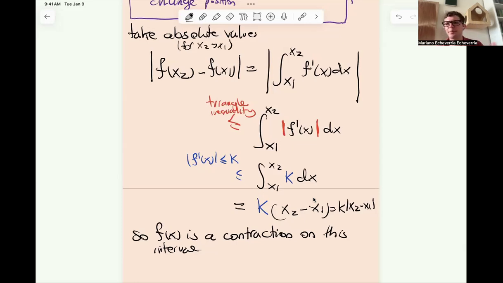But if x1 is bigger than x2, then you do the same argument, but you do f of x1 minus f of x2. It's just kind of silly to put it like that.